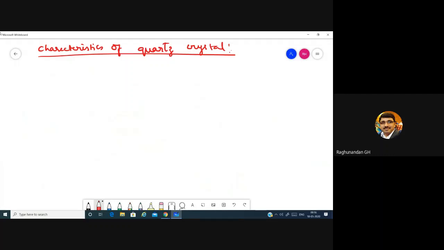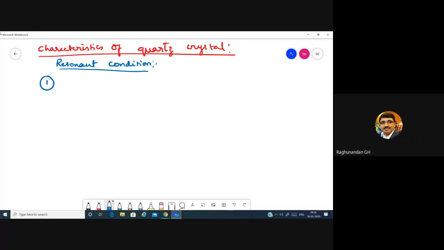It is with respect to the resonant conditions, whatever you have already studied. You have two resonant conditions under this. One is with respect to series, another one is with respect to parallel.